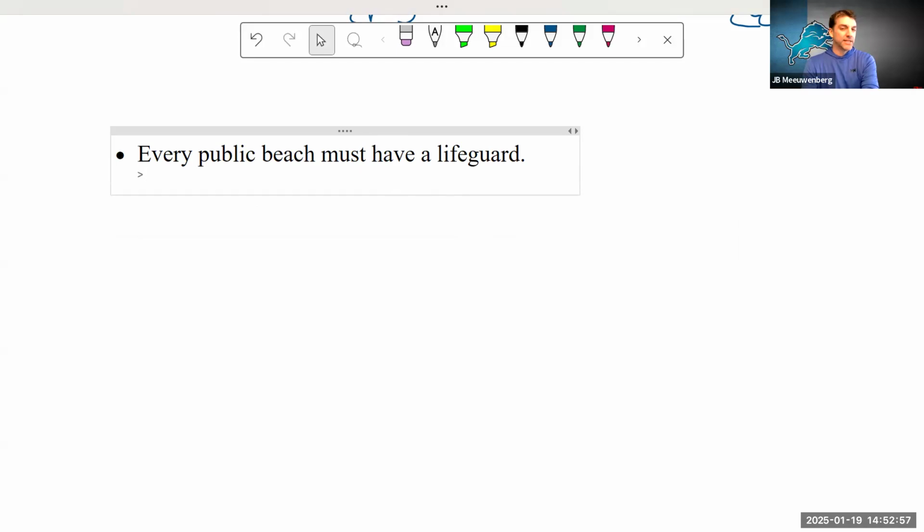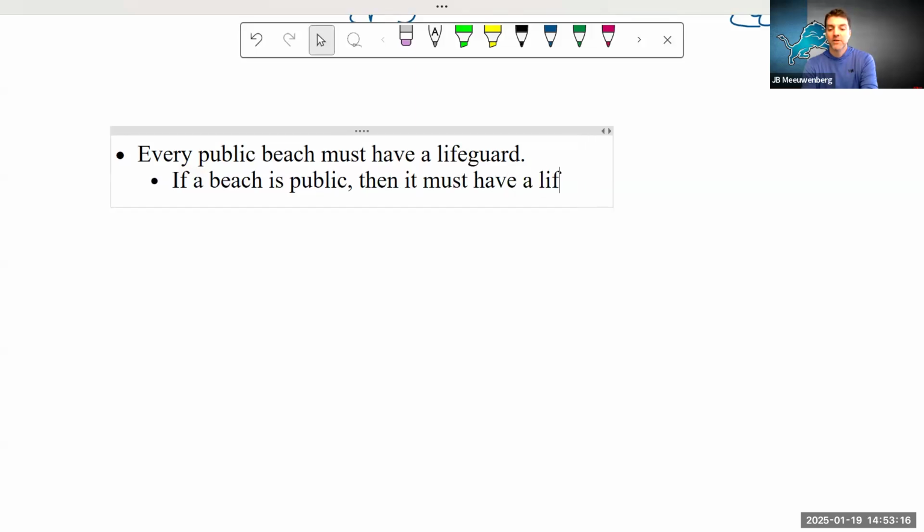So we want to rewrite this using if-then. I'll show you what this one will look like. If a beach is public, then it must have a lifeguard, period.